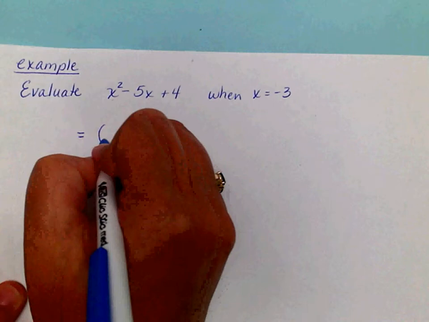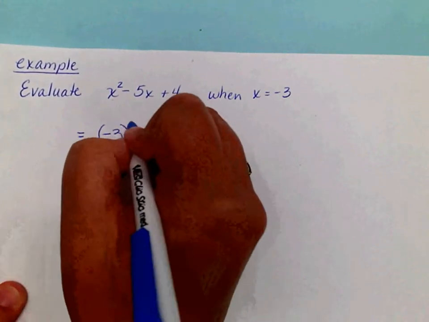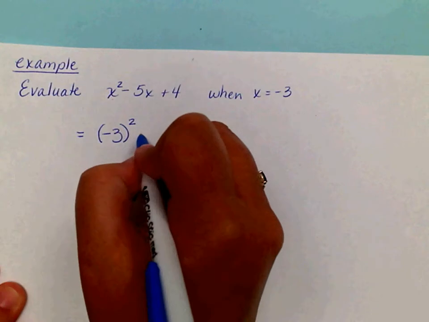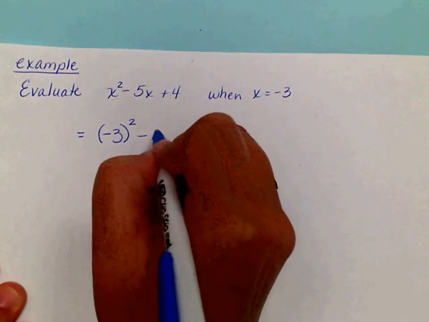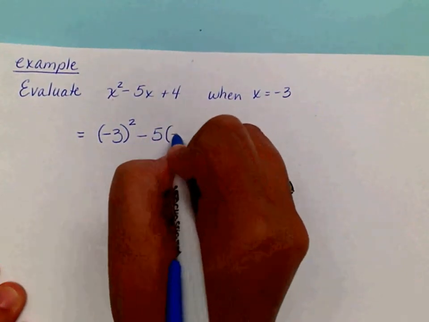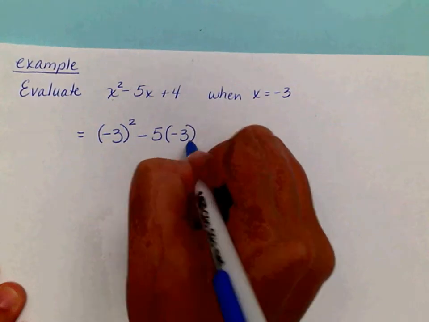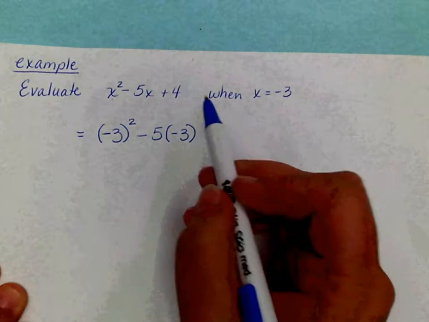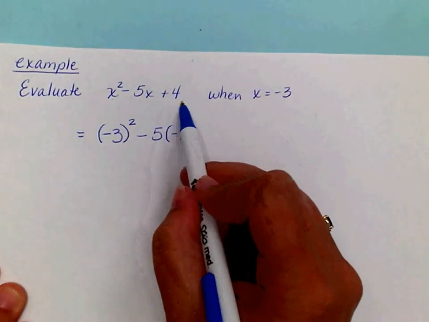So that means now we have negative 3 squared. Bring down our next term, which is negative 5 times x, but we also know now that x is equal to negative 3, so we now have negative 5 times negative 3, and then bring down the rest of our expression, the plus 4.